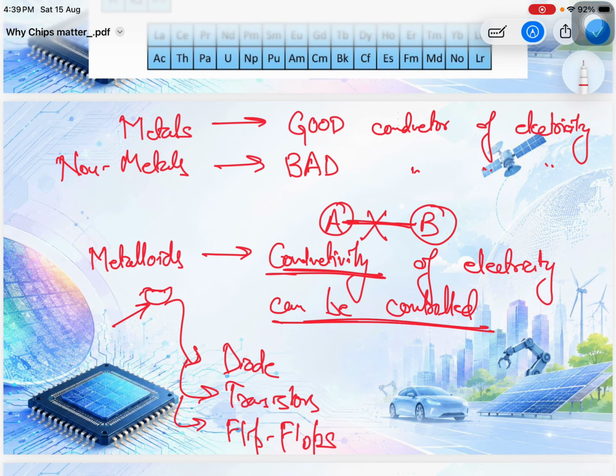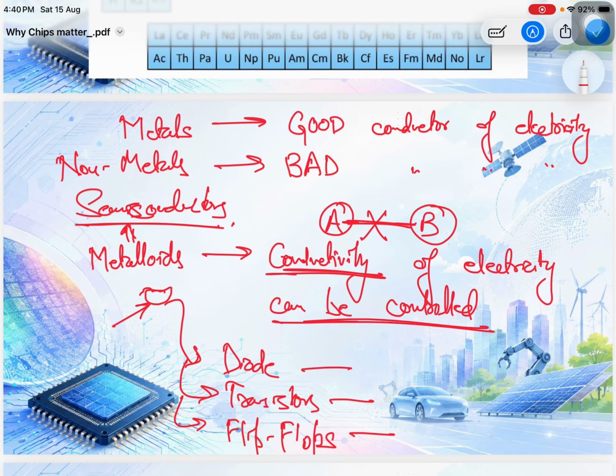So, these are devices made up of metalloids, and in electronics the electricity can be controlled. This is the genius of semiconductors. Since they can conduct electricity, not in a very good manner but at least not as a bad conductor, metalloids are also called semiconductors.